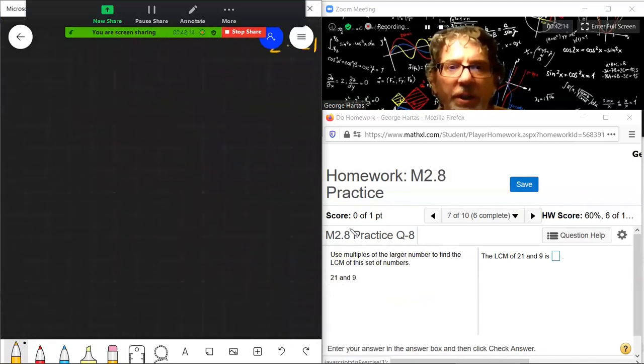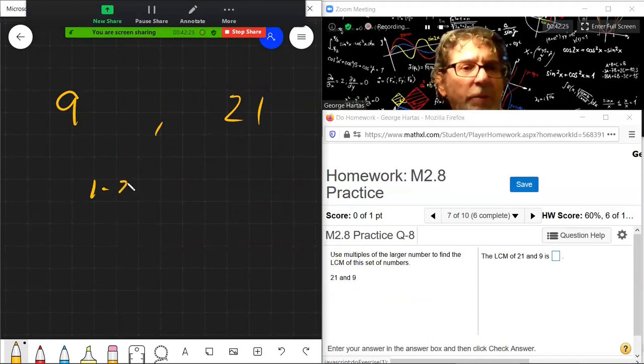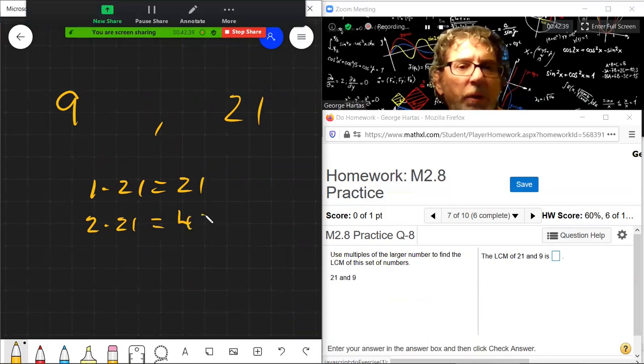Okay, so they want the same technique, which is good. Let's try the same technique. We have 9 and 21. Well, 21 is the same as 1 times 21. Does 9 go into 21? No. Take the next multiple of the bigger number, 2 times 21, which is 42.